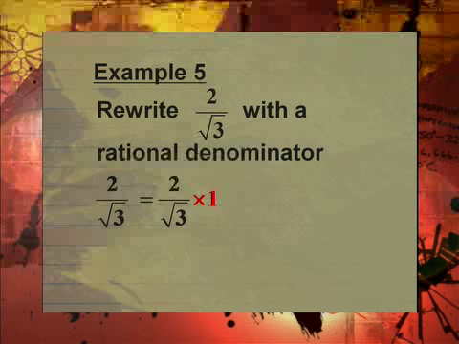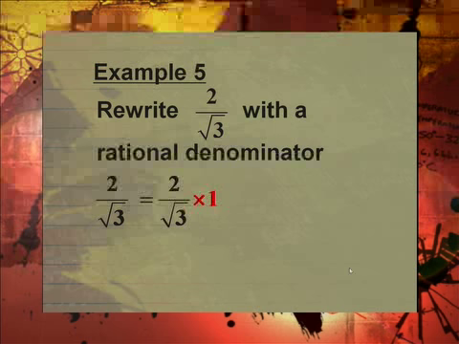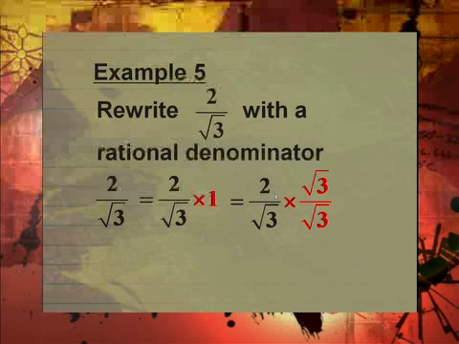Meaning, I'm not changing anything by multiplying by 1. Remember, 1 is the identity element of multiplication. You cannot change anything. And then that 1 is going to be manipulated. I'm going to make 1 into root 3 over root 3, because root 3 over root 3 still divides to 1. So I'm manipulating it, and then I get 2 over square root of 3 times that.